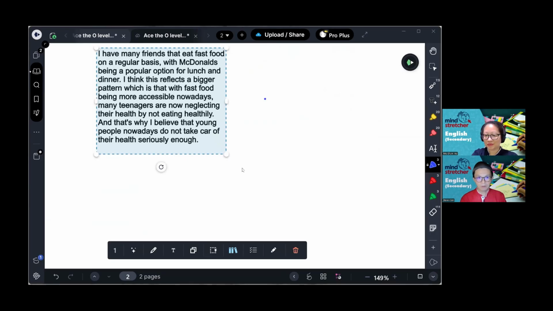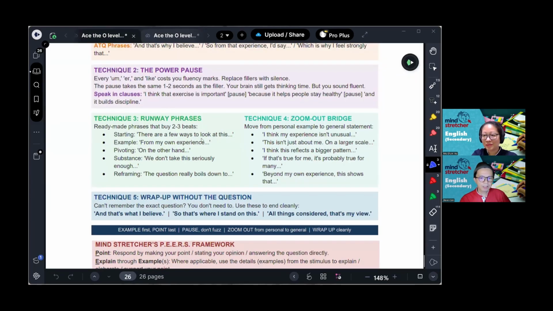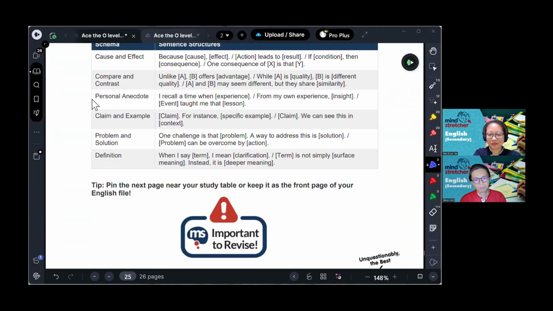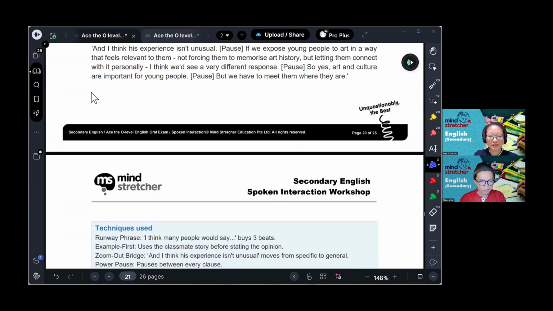I think it's a very good answer because it answers the question. But at the same time, we are talking about how we can use runway phrases to buy ourselves time to think and how to zoom out so that it moves beyond the prompt. So the question was, what was the question?